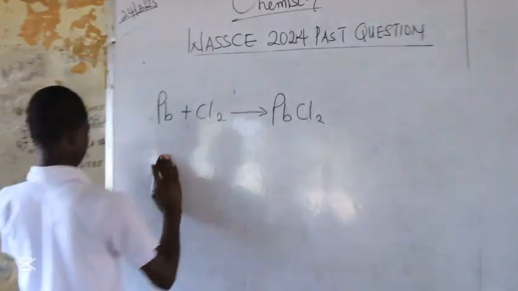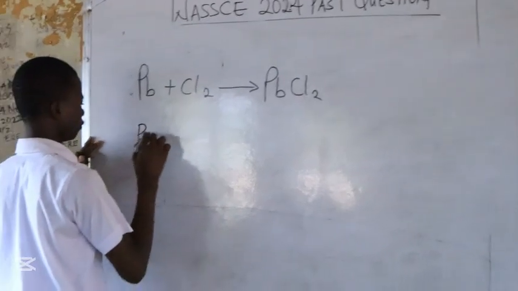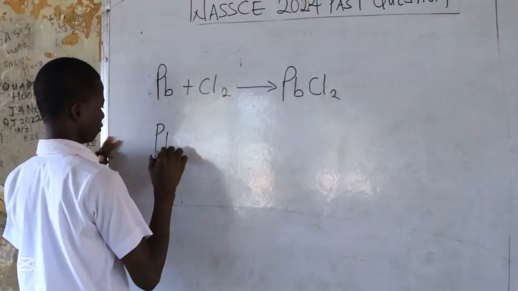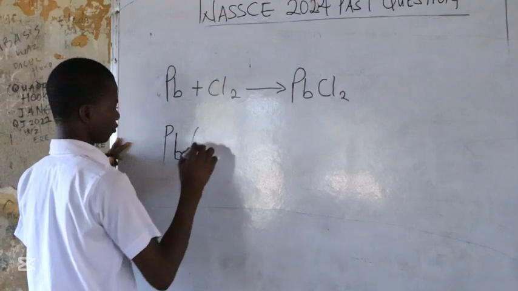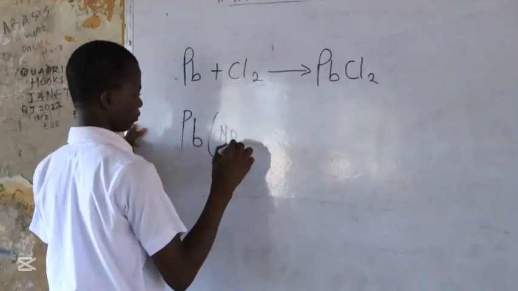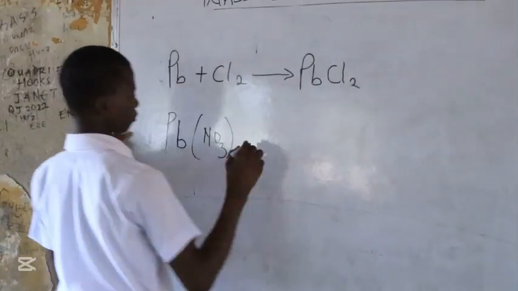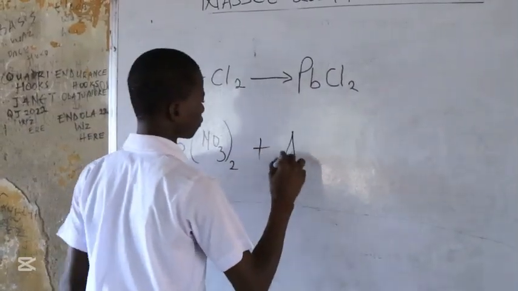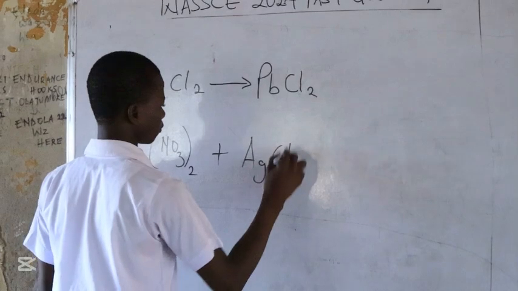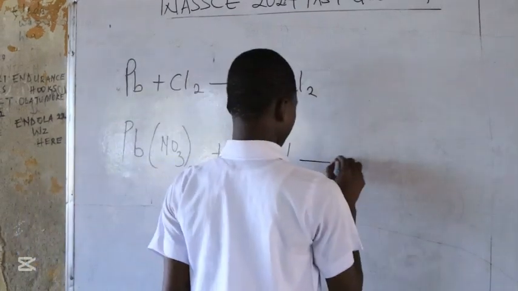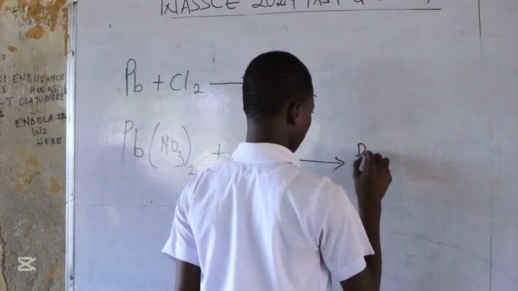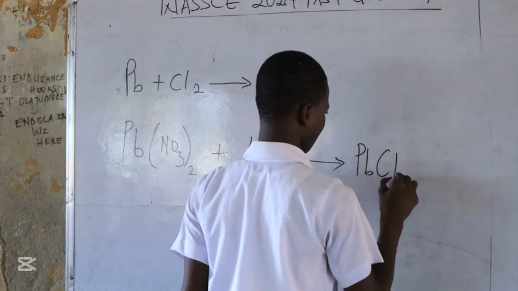All this I explained when we prepared salt, the methods of preparing salt. Specifically, I told you the method of preparing soluble salt and the method of preparing insoluble salt. Insoluble salts are prepared by direct combination of constituent elements and by double decomposition. It means lead 2 chloride is an example of an insoluble salt.